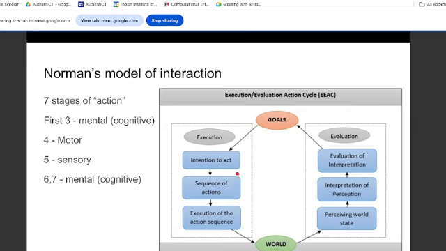Then after I have this intention that I want to message my friend, I will go to the sequence of actions. Earlier, I think I by mistake told some of the sequence of actions. So I think initially there is only the intention, and then the sequence of action begins. So when I want to send my message to a friend, I think about this sequence of actions that I have to perform.